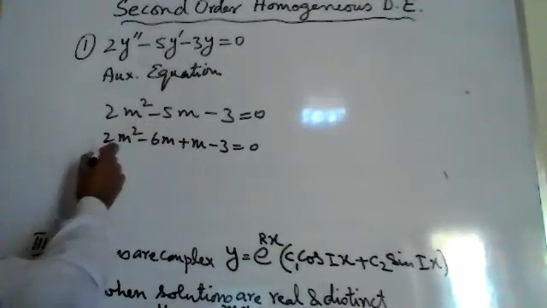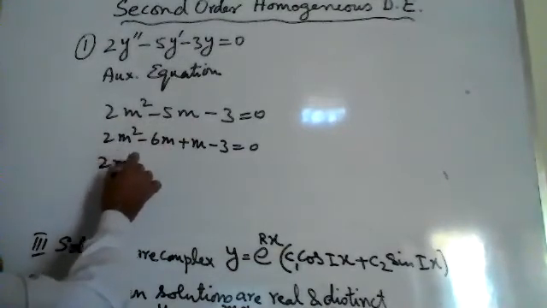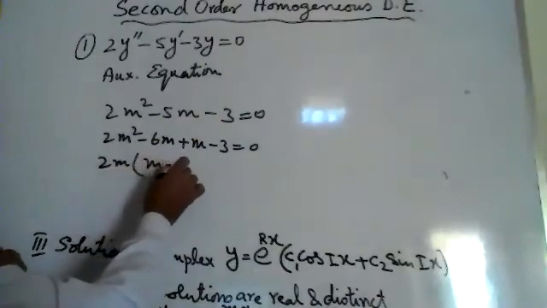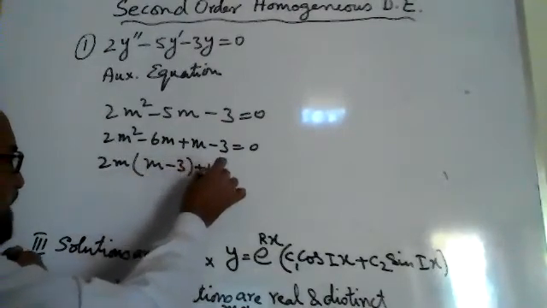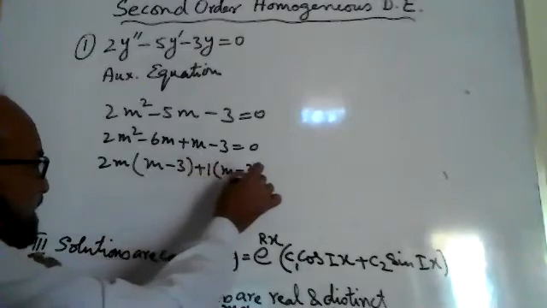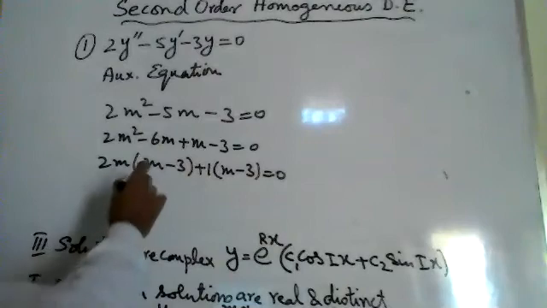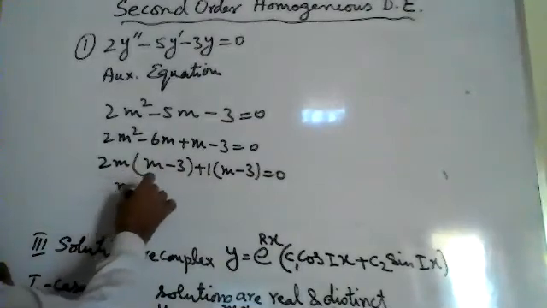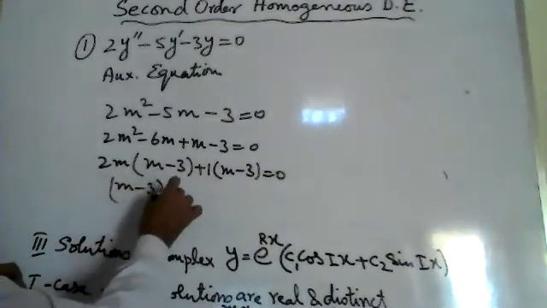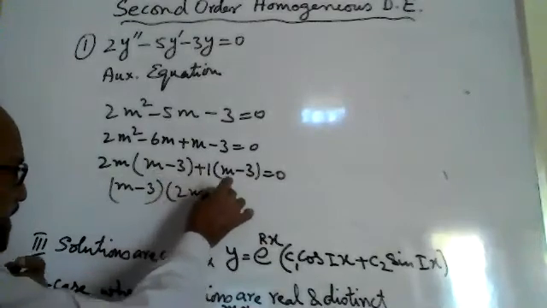2m is common from here: m minus 3. Plus 1 is common: m minus 3 equal to 0. M minus 3 is common, and 2m plus 1 equal to 0.